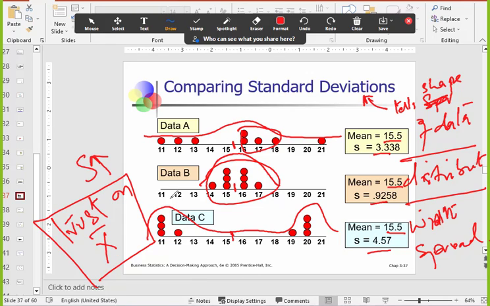Okay, so this is the way we explain it. So when you have data, you will first of all calculate the center using mean, median or mode to tell what the habit of the data is. But you need to also check the standard deviation to see how reliable, how consistent, how representative the habit of the data is. Otherwise, it is not trustworthy.